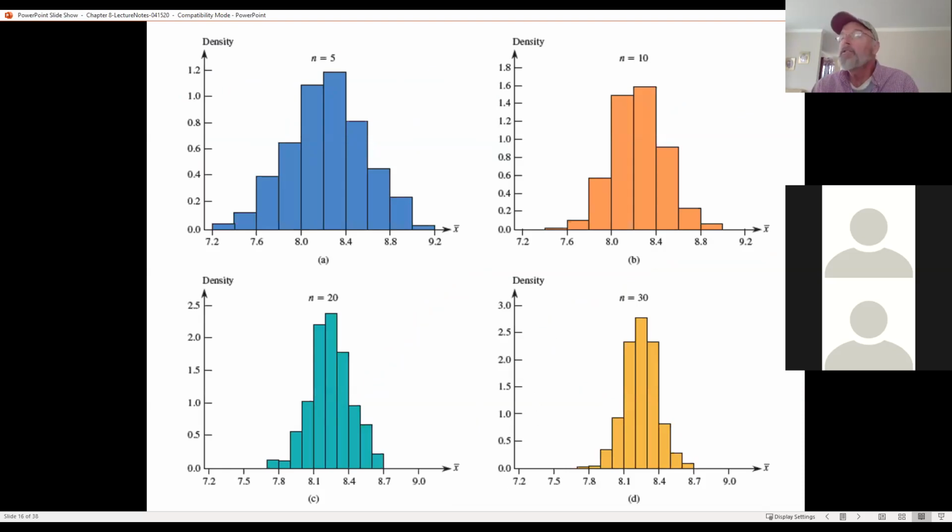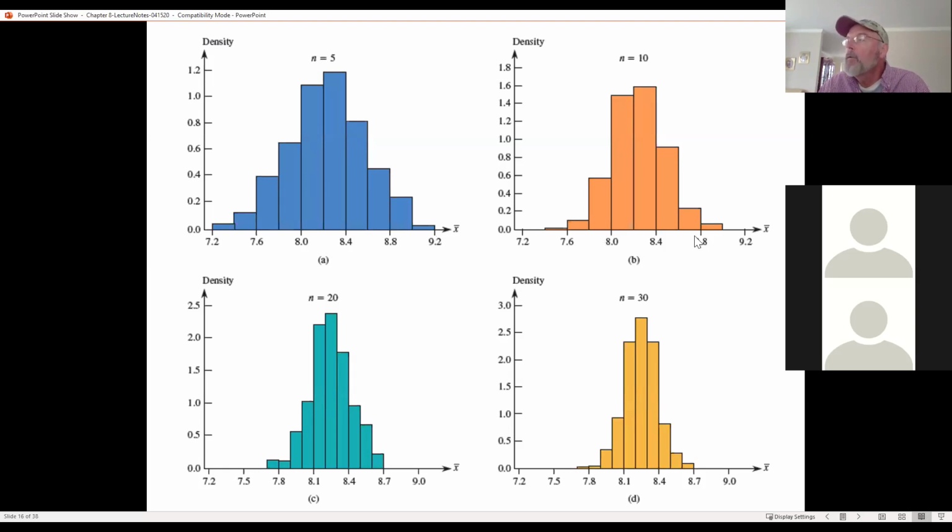Here are the 4 different histograms that give us an idea of the effect of the sample size. I want you to understand that the x-axis here is the same as it is right here.